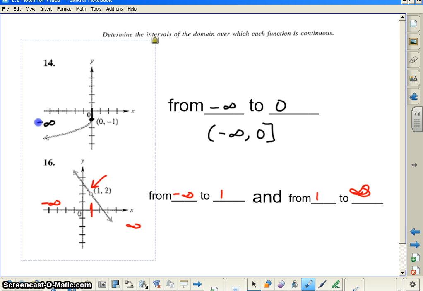So let's determine the brackets here. We're going to have parentheses for the infinity, negative infinity, and then at 1, it is an open circle. And then for the second part, we're going to union that 1 to infinity.